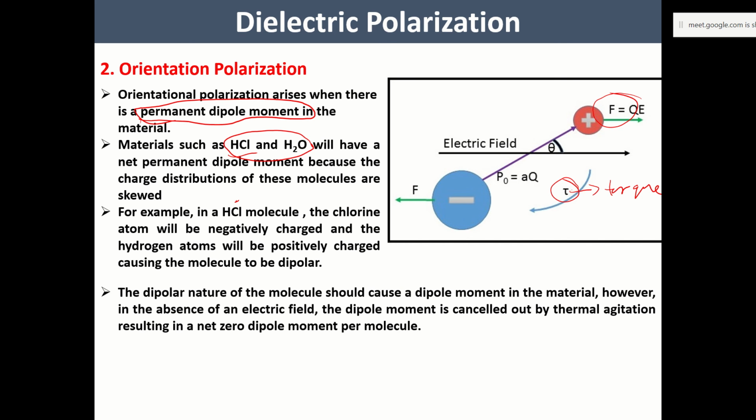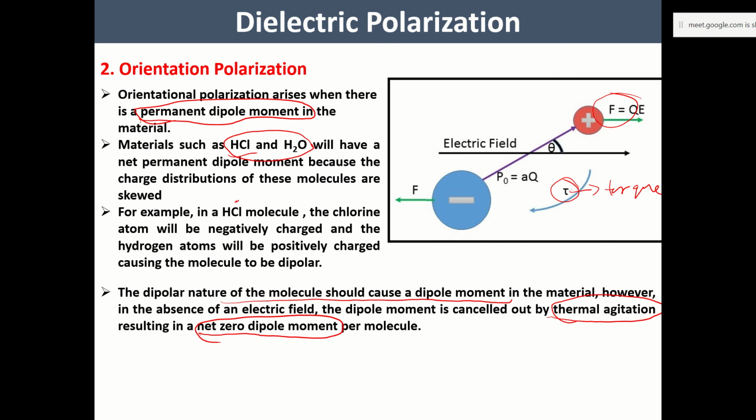The overall net dipole moment will be much more as compared to random ones. It was 0 overall. If you have water molecules placed in a container, because of thermal energy, all will be randomly oriented, resulting in a net zero dipole moment.